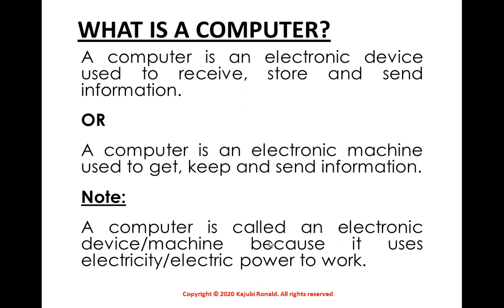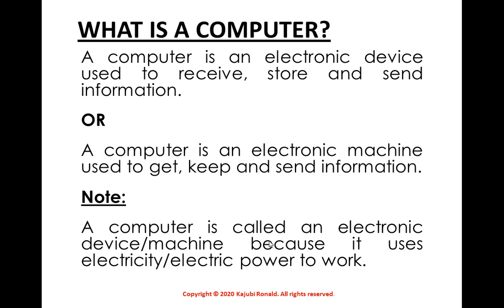Another person can say that a computer is an electronic machine used for getting, keeping, and sending information. I think it is softened for you to understand well that a computer is just a machine. It's just a machine that uses electricity to work.